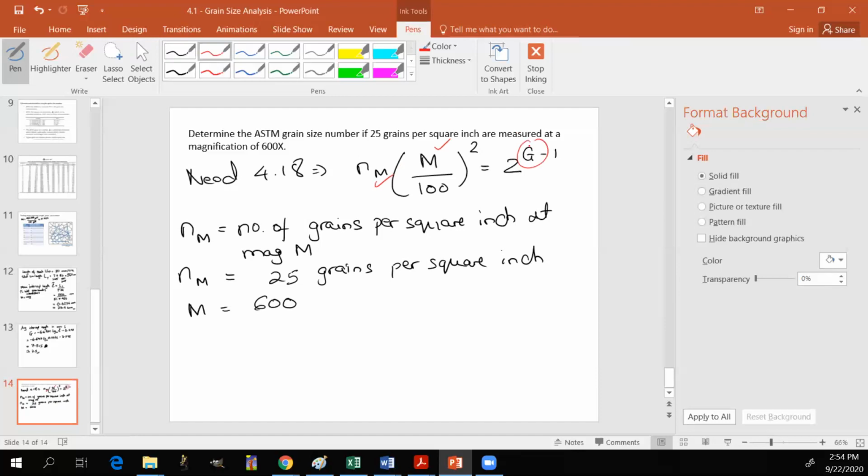And that's just mathematical manipulation at this point, right? So what we do is we just take the logarithms on both sides. So let's take natural log. So you end up with log of N_M times M over 100 squared is equal to the log of 2 to the power of G minus 1, right?